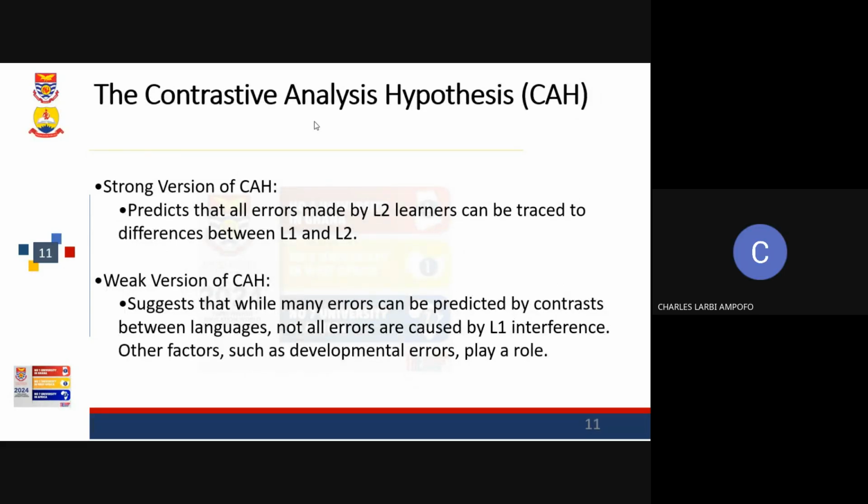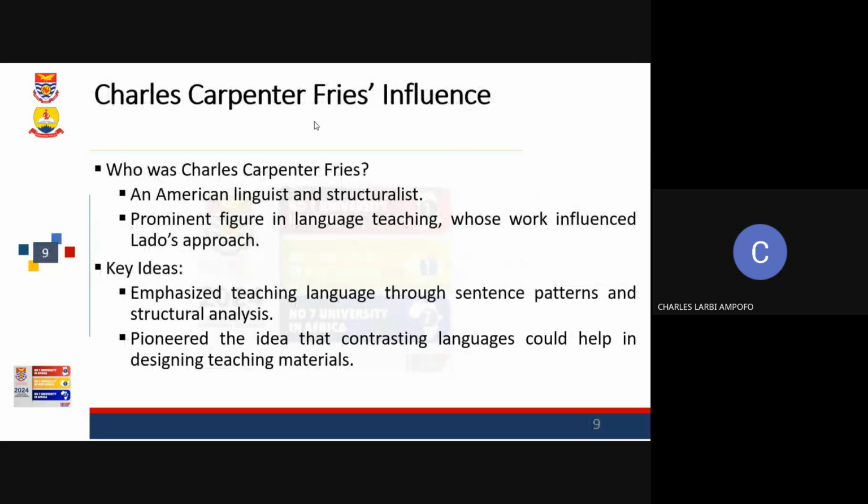Okay, thank you. So to answer your question, Carpenter Fries is not a proponent of behaviorism. When you talk of behaviorism, you can talk of Piaget and those people. I'm not too sure, but when you read about behaviorism, you can talk about these people. But Charles Carpenter Fries was a linguist.